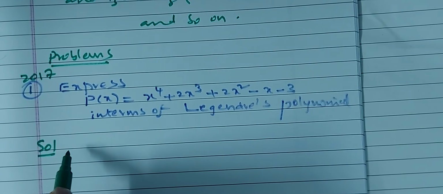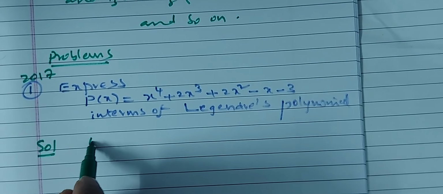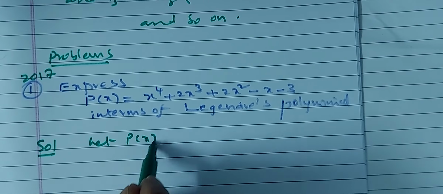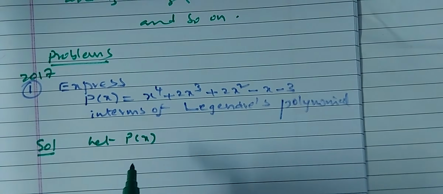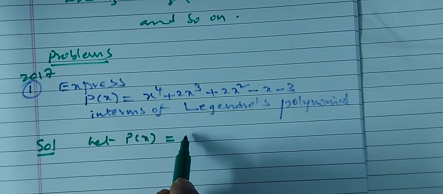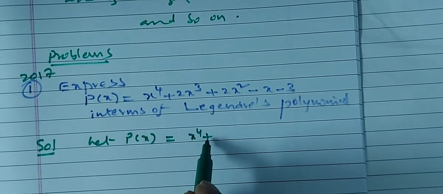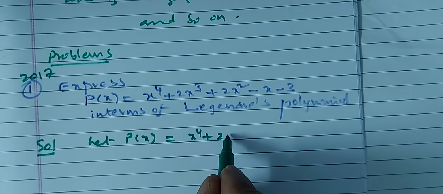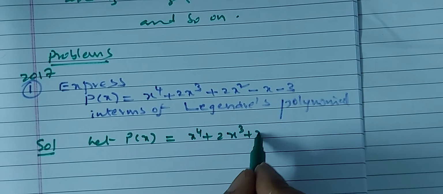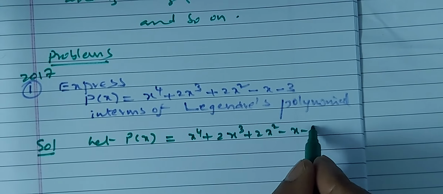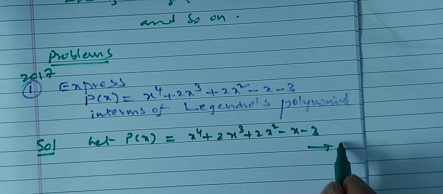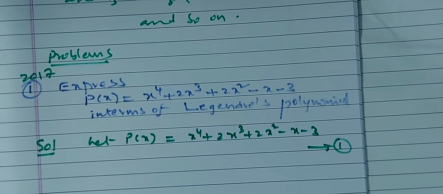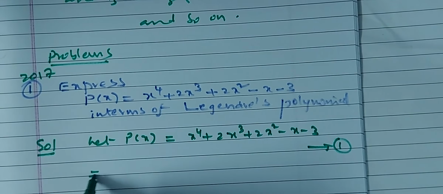Next, solution. Let P of x is equal to x power 4 plus 2x cube plus 2x square minus x minus 3. Take this as 1.